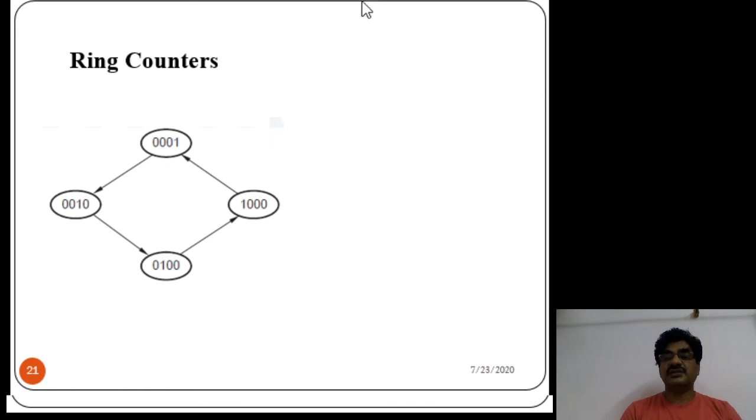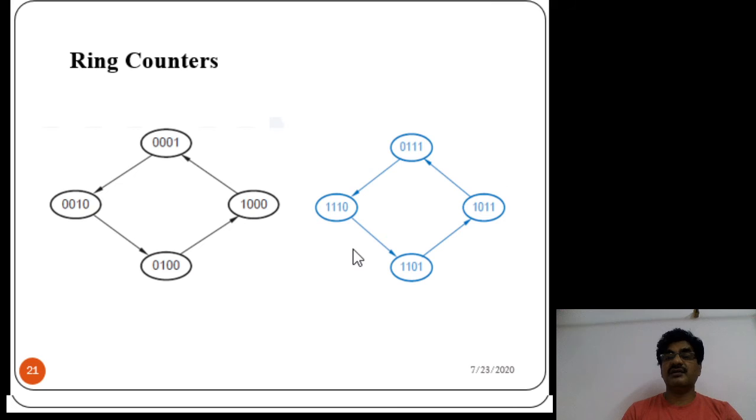Similarly the 4th state, and after the 4th state the first state starts again. Like that, the 1 is circulating towards the left hand side direction. Similarly, in another form of state diagram, a 0 bit is circulating.